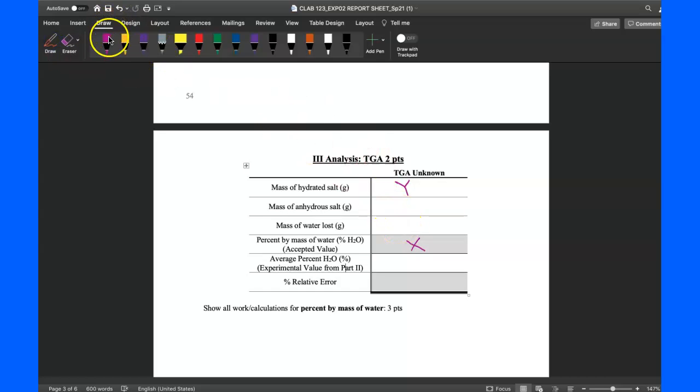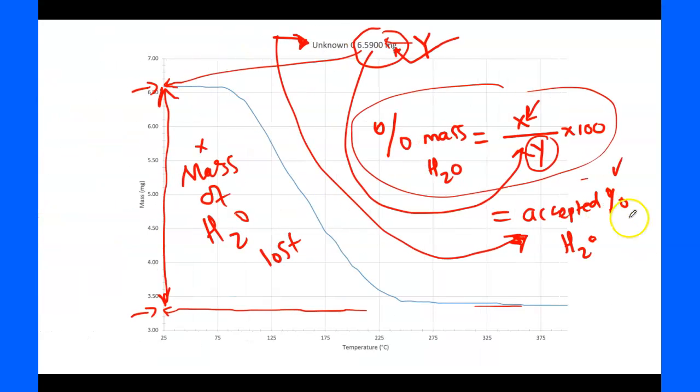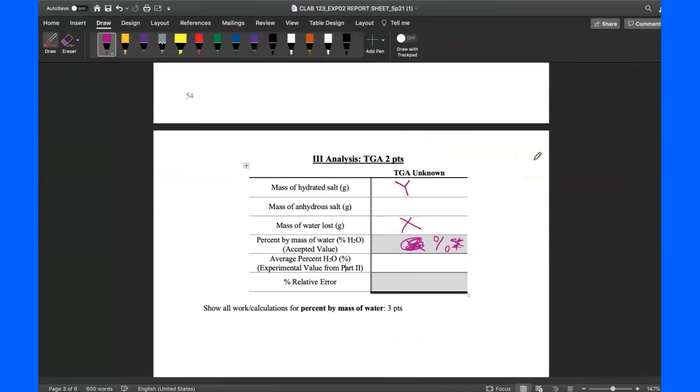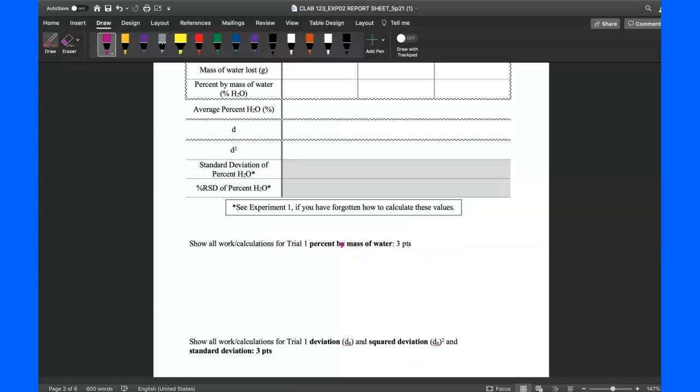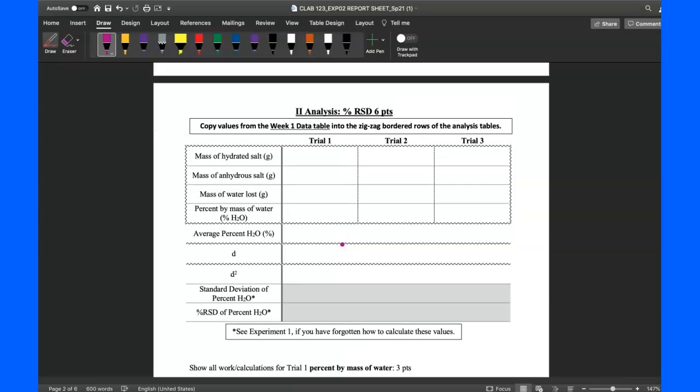So right there, and then this value right here is the percentage, or just use the formula, which is the accepted value. Use this formula right here. Now the experimental value is what you calculated right here. That's the experimental value.